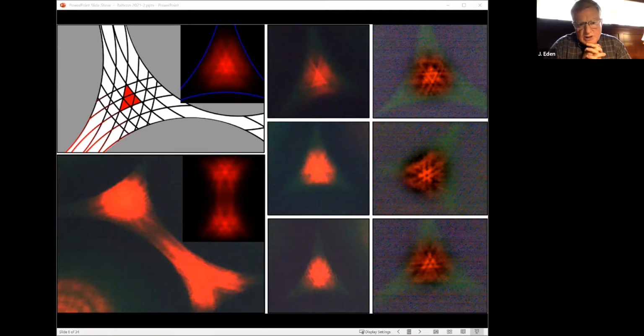And so if you look over to the right-hand column of images, those are the highest resolution images we've been able to obtain to date. You'll notice that they represent different forms of a triangle. One of them in the middle looks like two triangles that are flipped by 180 degrees with respect to each other.